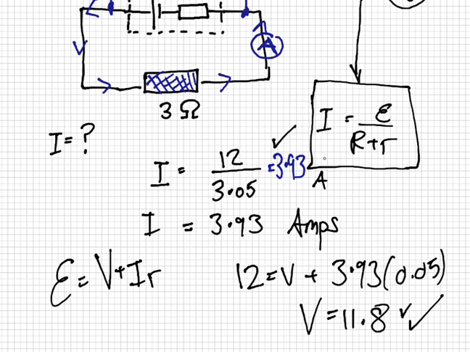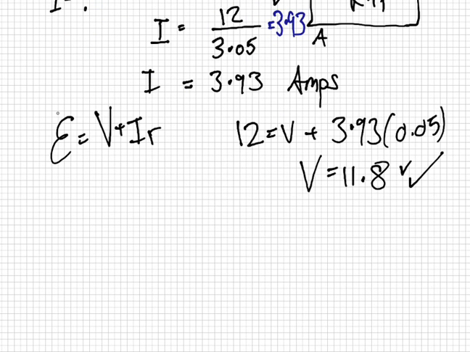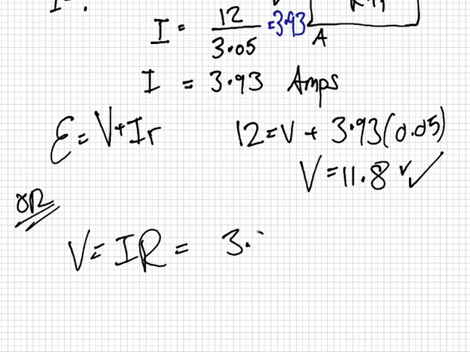V equals IR. Can someone type in 3 multiply 3.93 and what do you get? So 11.8. So to answer your question, Joshua, you could have used Ohm's law, V equals IR, which equals 3.93 multiply 3, which is also 11.8.